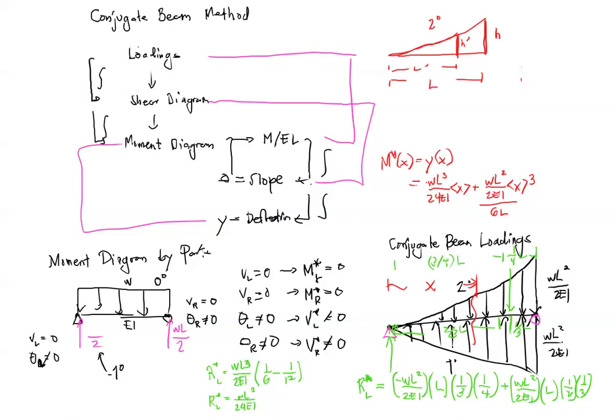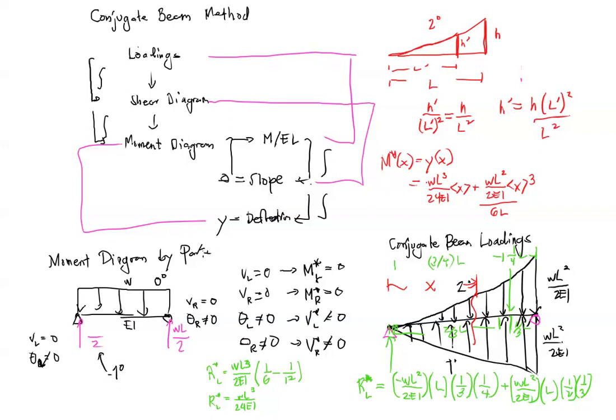Ang gagana dito is H prime over L prime squared is equals to H over L squared, kung ano man yung degree niya, yun yung naka-raise to power siya. So yung H prime equal to H times L prime squared over L squared.